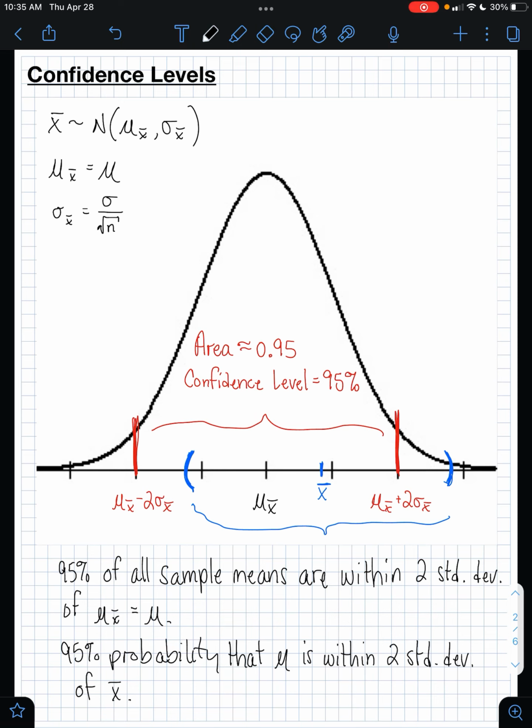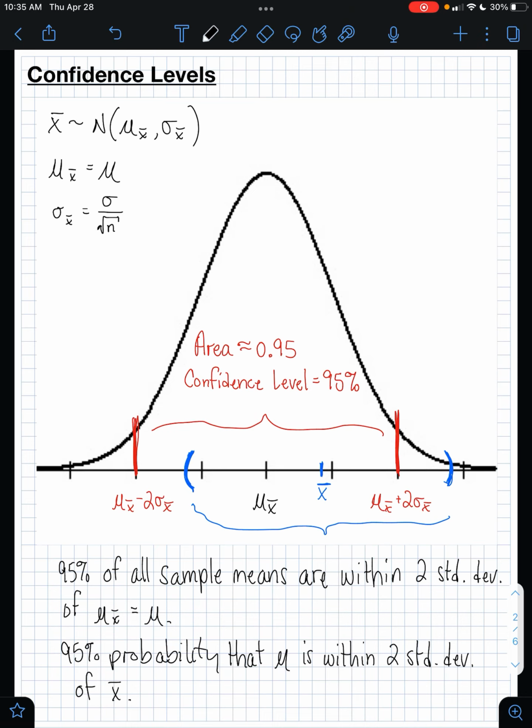All we have is the value of x bar. So rather than center our interval on mu sub x bar, we're going to center it on x bar. We're literally just going to use mu sub x bar and our confidence level to establish an interval with a certain width, and then we're going to pick that interval up and center it on x bar instead.